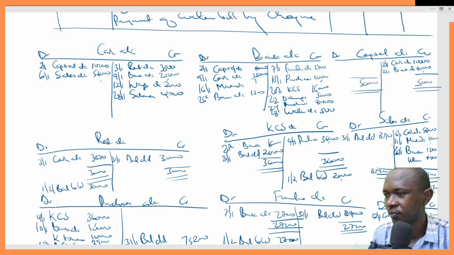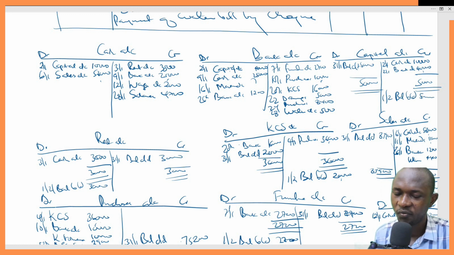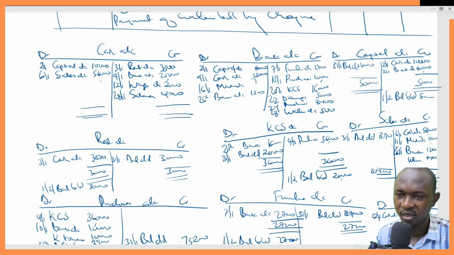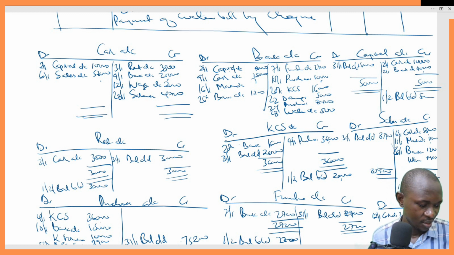Just like that. So for this cash account, get the total. Make sure you leave some space for the difference. The balancing figure in the cash account is the side which has the highest figure. And I believe in this case for cash account we have 68,000.